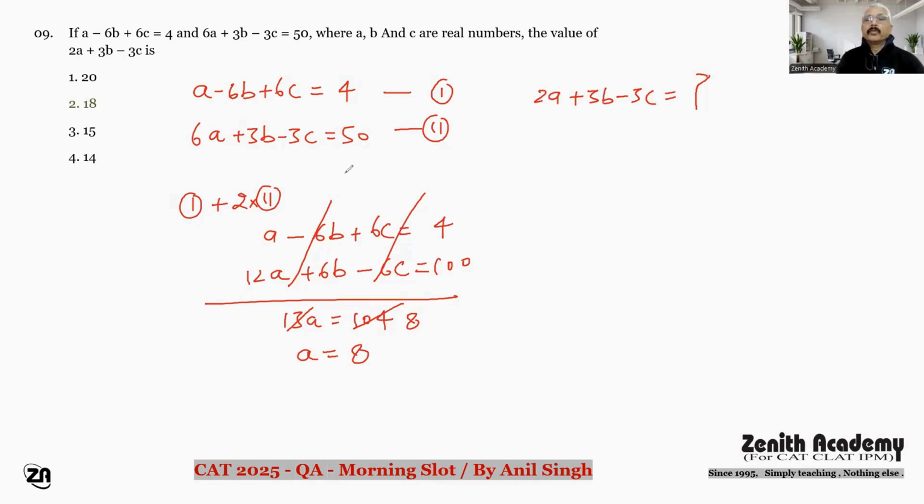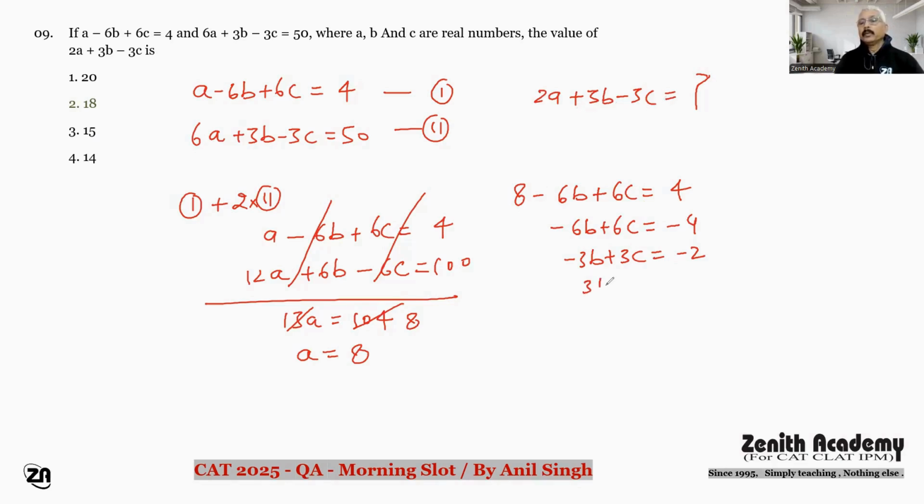So put in equation number 1, 8 minus 6b plus 6c is equal to 4, so minus 6b plus 6c is equal to minus 4, and we find minus 3b plus 3c is equal to minus 2. But you need 2a plus 3b minus 3c.